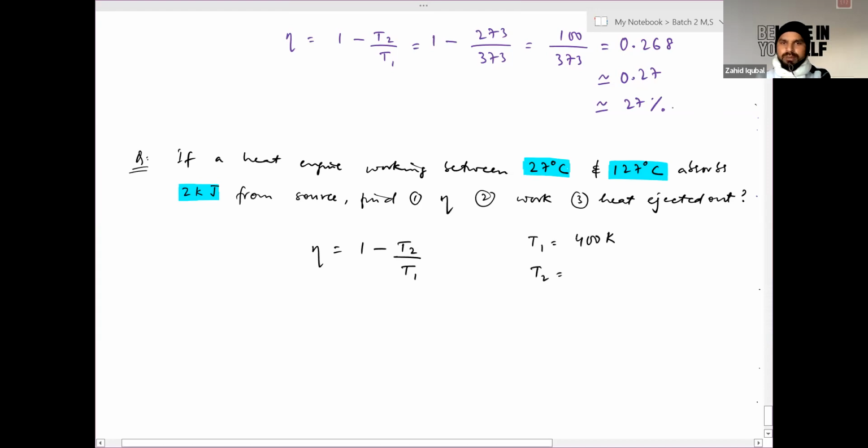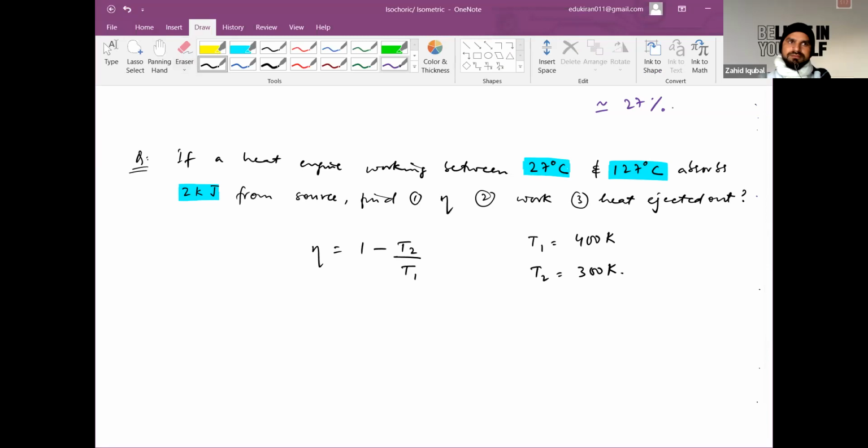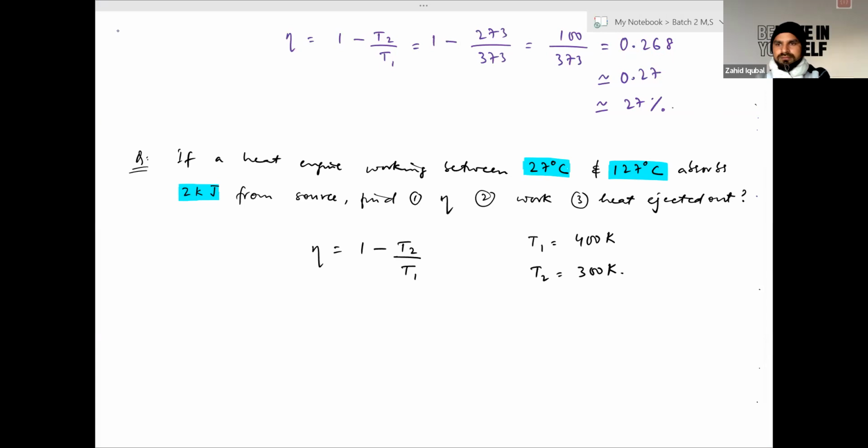And T2 will be 27 plus 273, that is 300 Kelvin. Good, Samira. Good, Shravya.